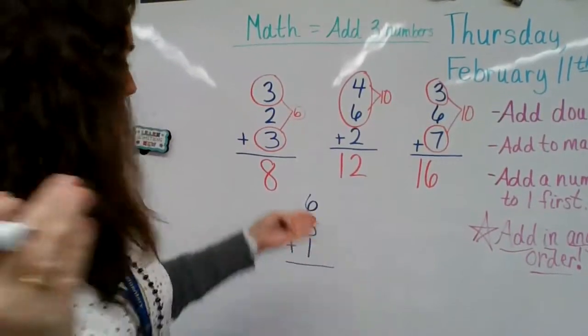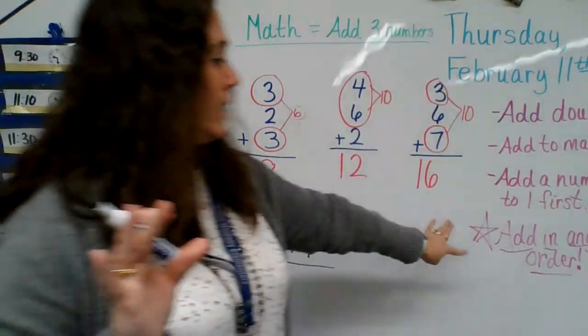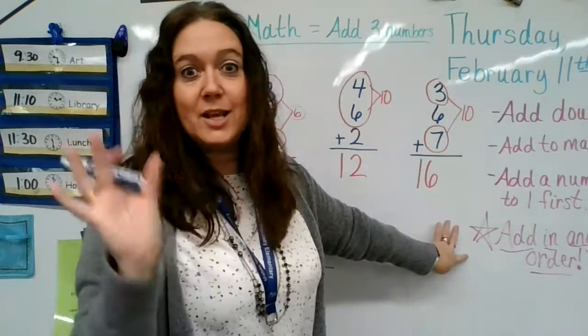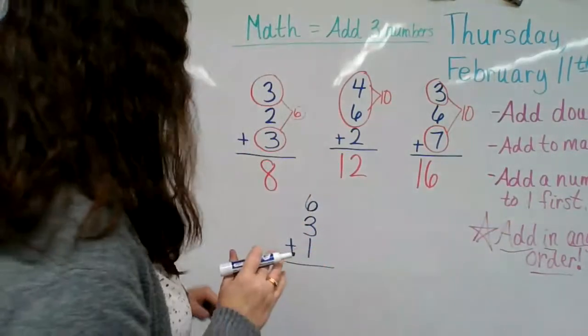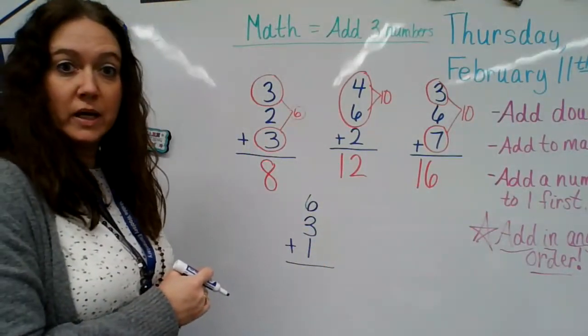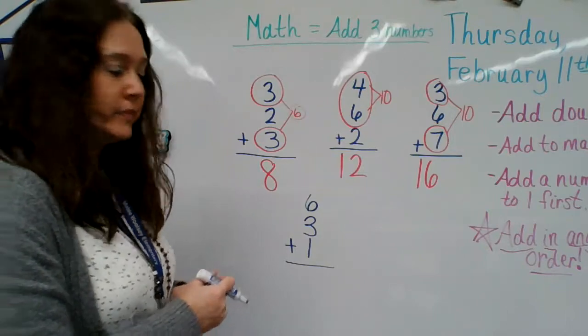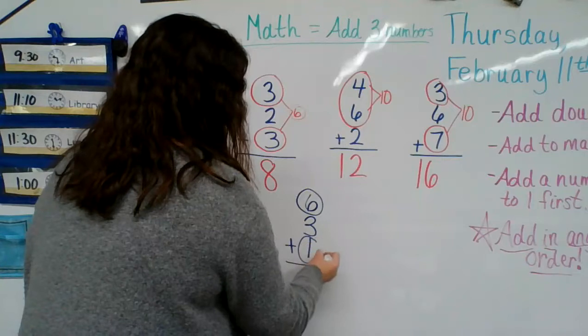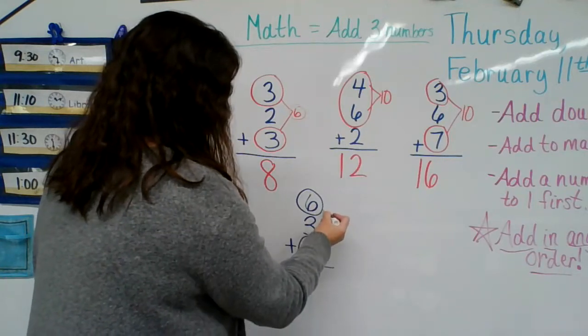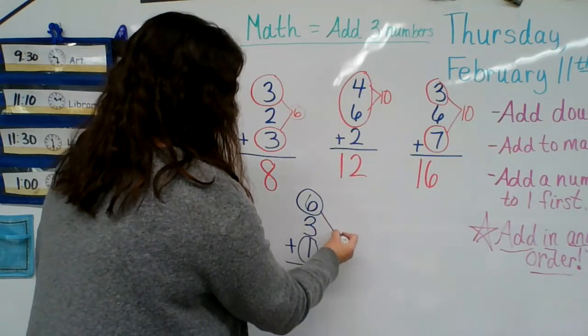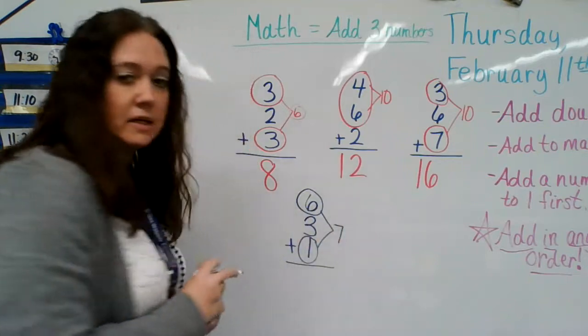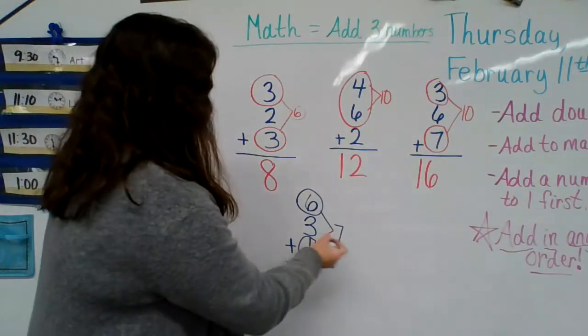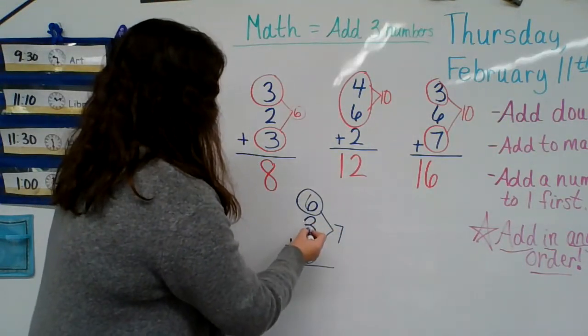Well, you could add in any order, right? I said add in any order. But maybe you want to add with 1 first. So I'm going to do 6 plus 1, oh, I forgot to switch my marker color. 6 plus 1 is 7, and then 7 plus 3, 7, 8, 9, 10.